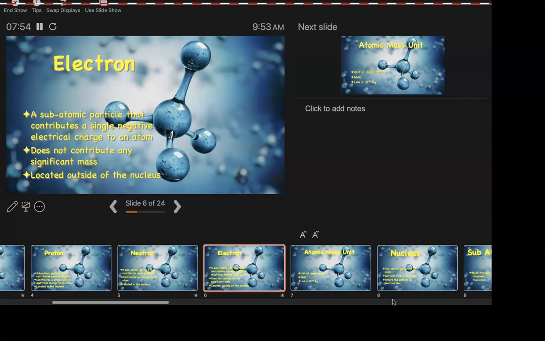At any rate, so we have to say no significant mass. They have some mass, but you can throw a whole herd of them into the atom, and it won't affect the mass at all. Okay, it will do things to the charge. Don't get me wrong. But it won't affect the mass.